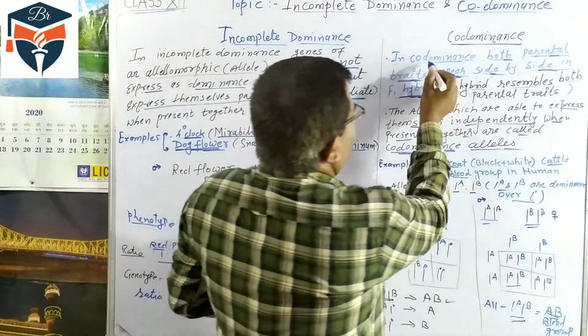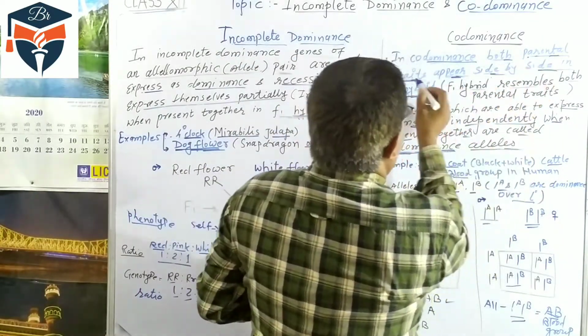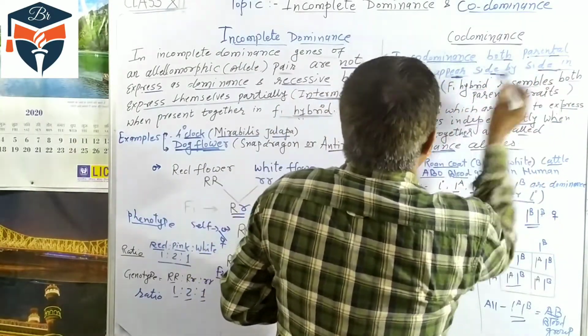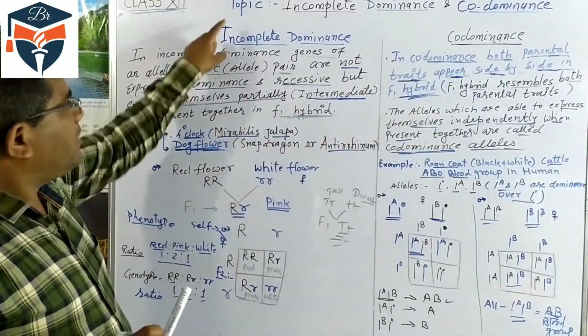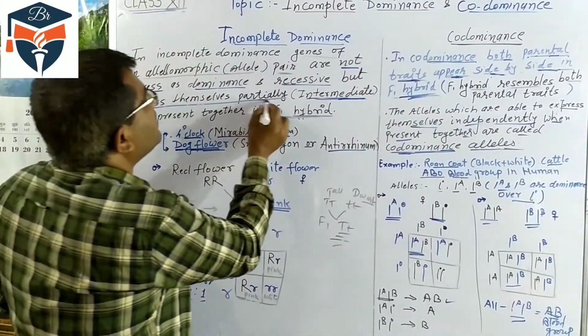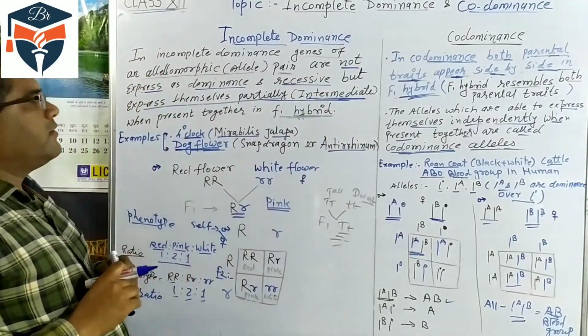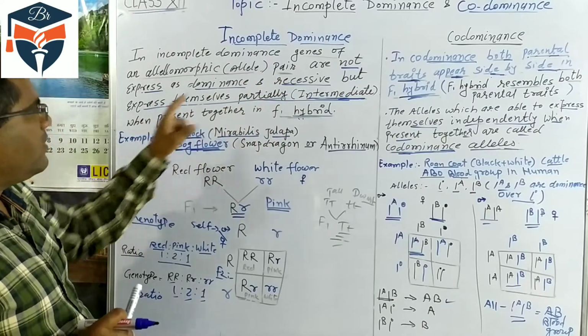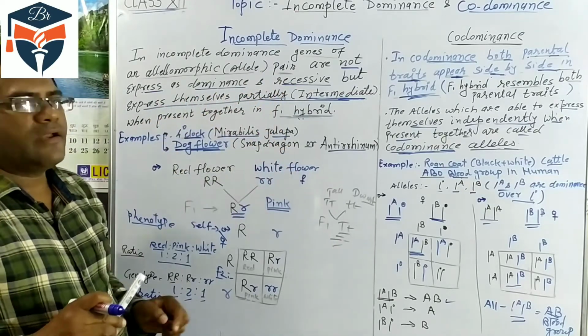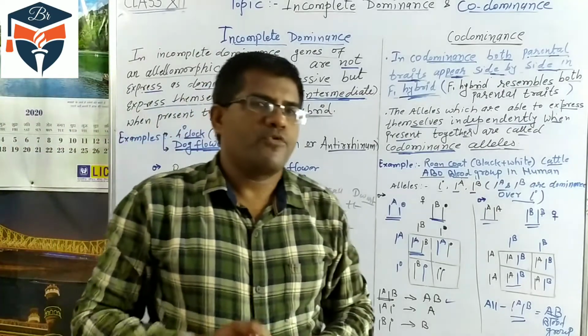It means that in co-dominance, both parental traits appear side by side in the hybrid, and in incomplete dominance, an intermediate trait occurs. Here there is no dominant or recessive character, but in the F1 progeny an intermediate character appears.